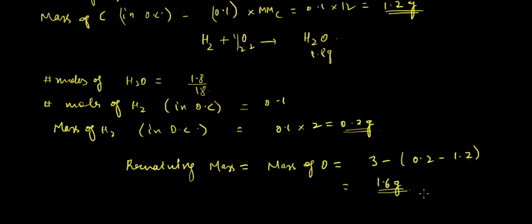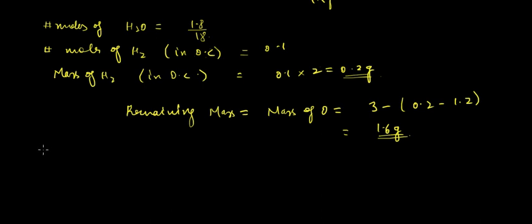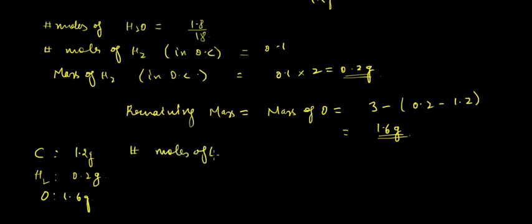Okay, so carbon is 1.2 grams, H2 is 0.2 grams, and oxygen atom is 1.6 grams. So number of moles of carbon would be 0.1. I'm talking about the number of moles of these elements in the organic compound.